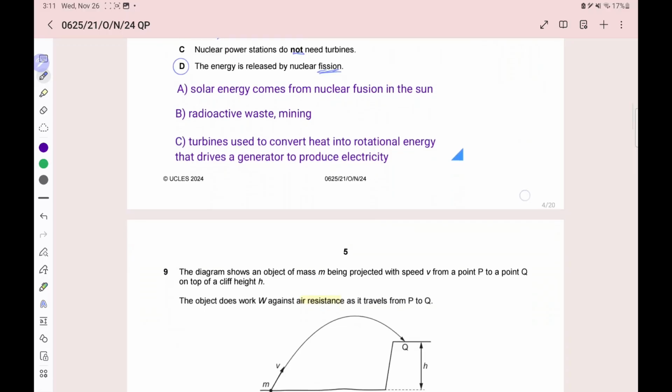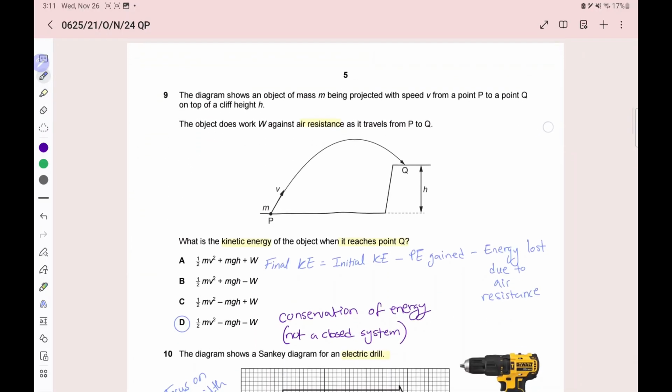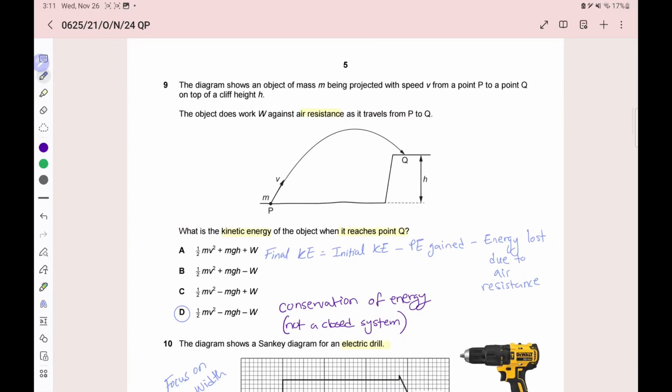Okay, so for question 9, the diagram shows an object of mass m being projected with speed v from a point P to a point Q on top of a cliff of height h. So the object does work against air resistance as it travels from P to Q. What is the kinetic energy of the object when it reaches point Q? So you want to find the final kinetic energy.